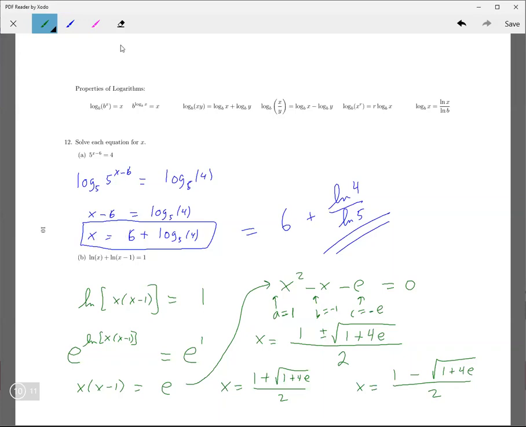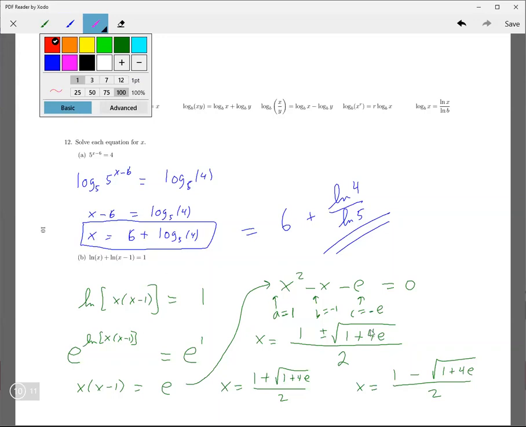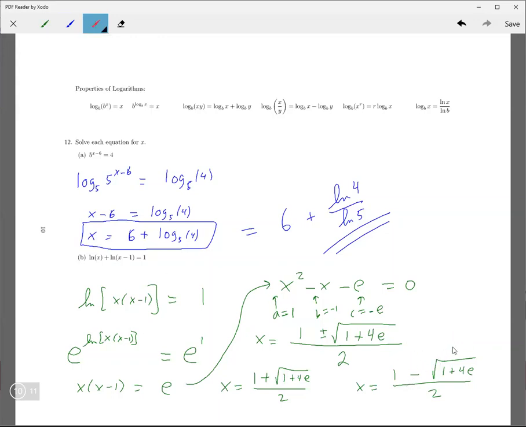So remember the domain. So this bottom line, this answer here you have to throw out because this is negative. It's a negative number, and so you cannot put it into here. Okay, so the domain of ln of x is from 0 to infinity. So negative numbers are not part of the domain.